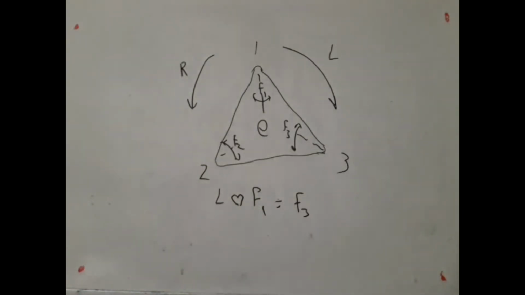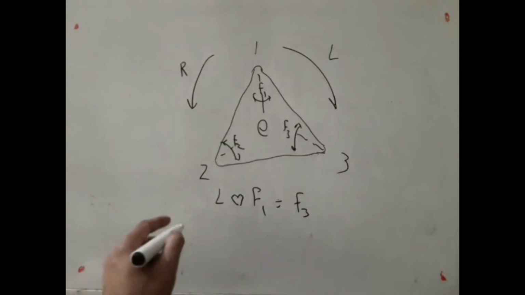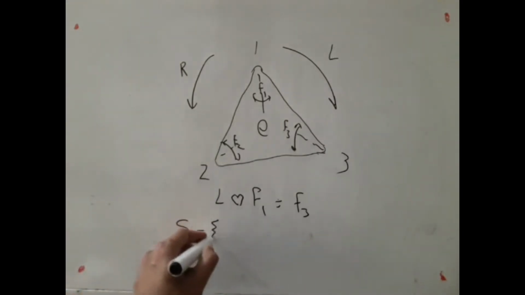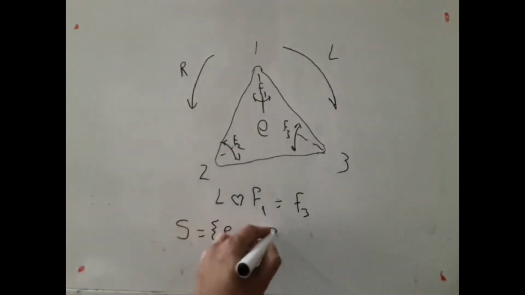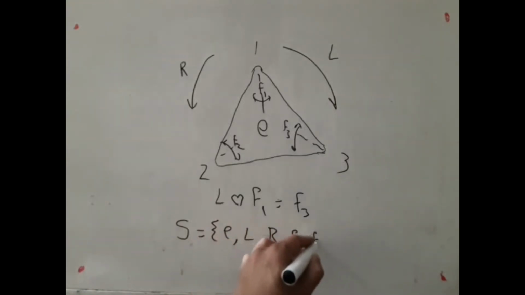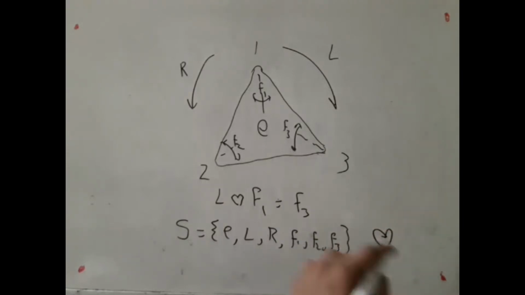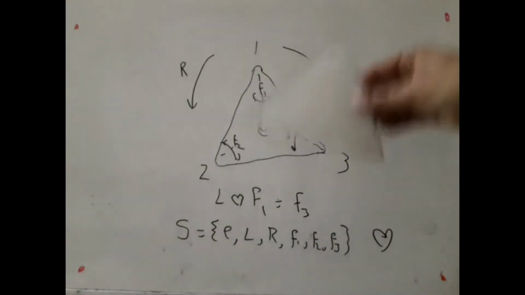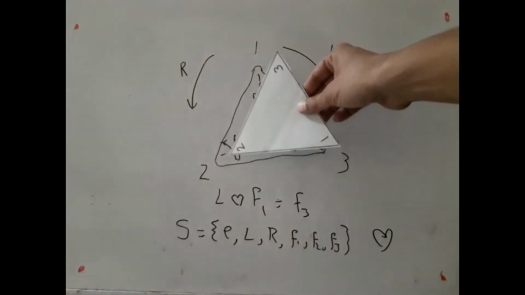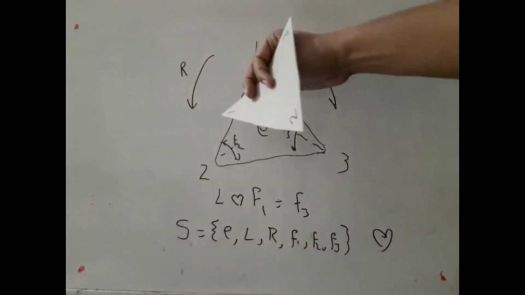I claim that the set of all these 6 things, so S, which is E, L, R, F1, F2, F3, together with this operation forms a group. First of all, it is a binary operation. That should be obvious, because how did I get these 6 objects? Because I listed all possible ways by which I can place it back.